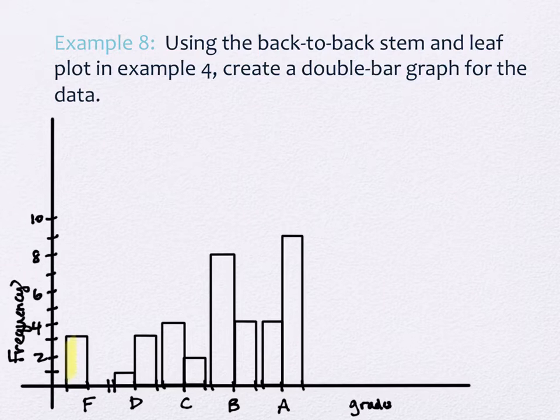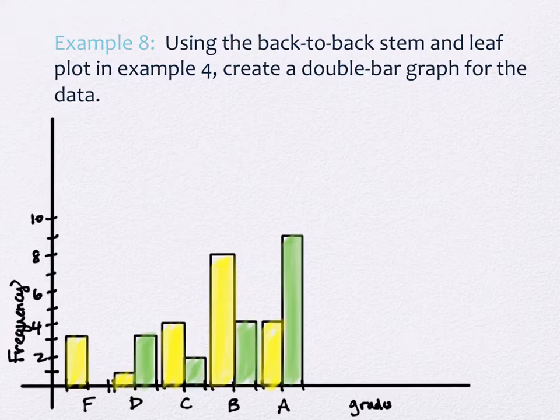So on test 1, I'm going to shade everything in yellow. And I'm going to shade everything in, let's go with green for test 2. So I have green here, and here, and here, and here.